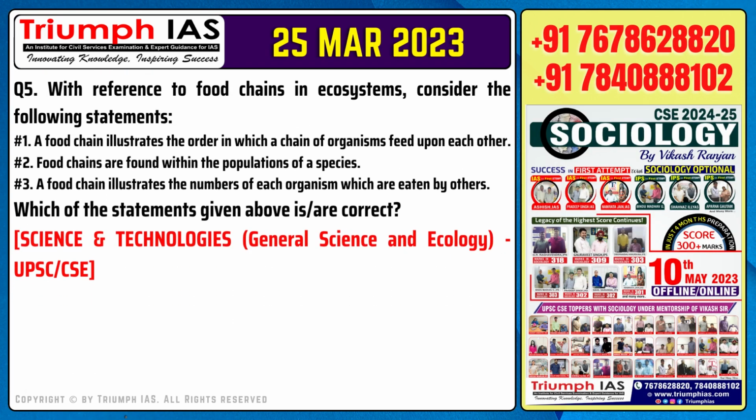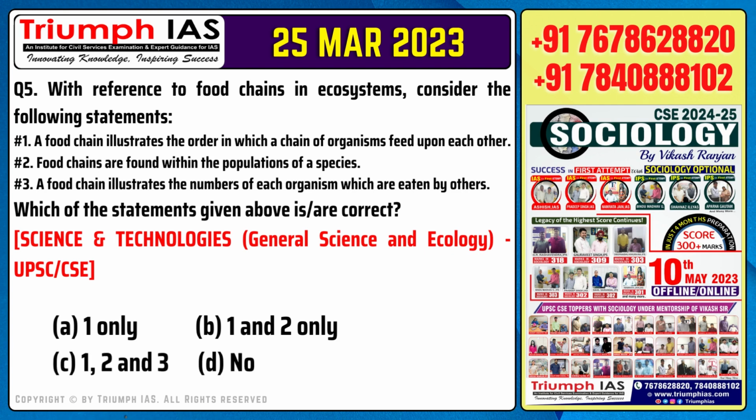Question number 5. With reference to food chains in ecosystems, consider the following statements. Number 1. A food chain illustrates the order in which a chain of organisms feed upon each other. Number 2. Food chains are found within the populations of a species. Number 3.